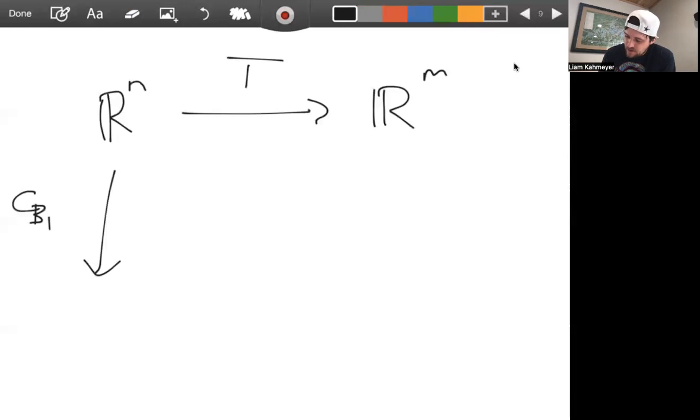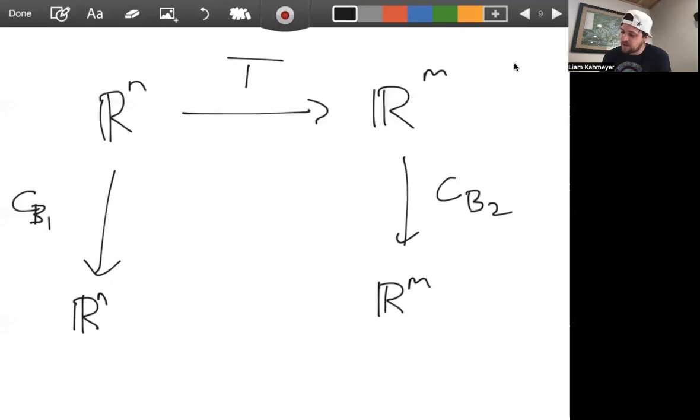That's exactly what CB1 is doing. If B1 is a basis for Rn, then CB1 is mapping a basis of Rn to a basis of Rn. Similarly, CB2 maps a basis of Rm to Rm.